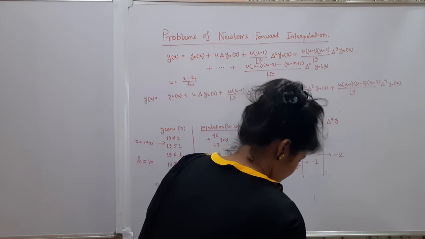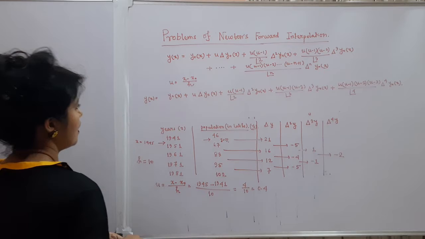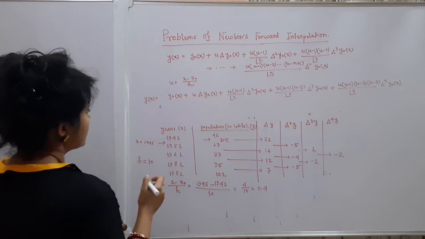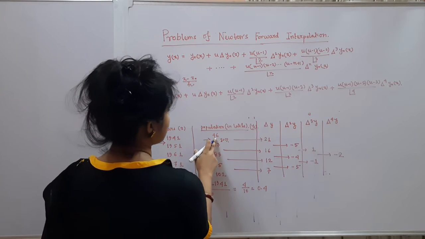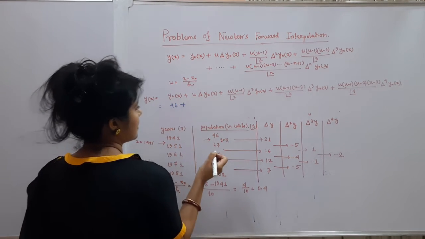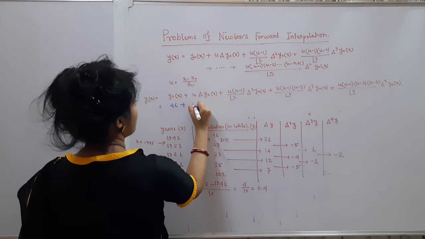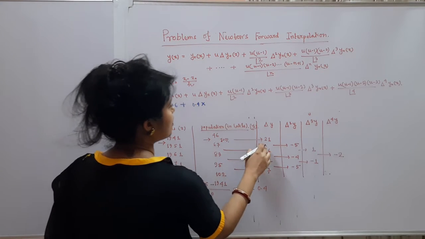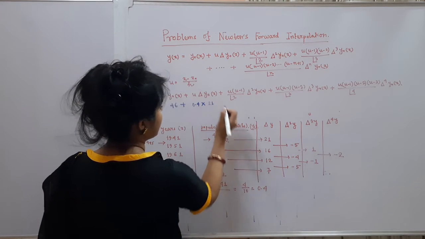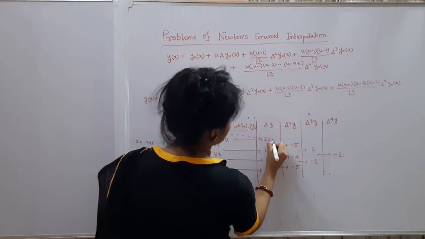Now I can substitute all the values of u and these delta y zeros. Okay, so what is y0x? Y0x is 46 plus u is 0.4, so 0.4 into delta y0 is 21, because I need all these values.